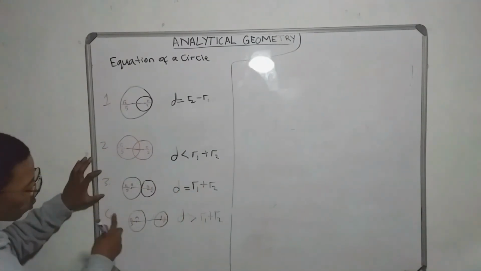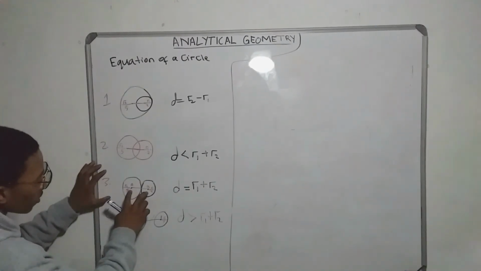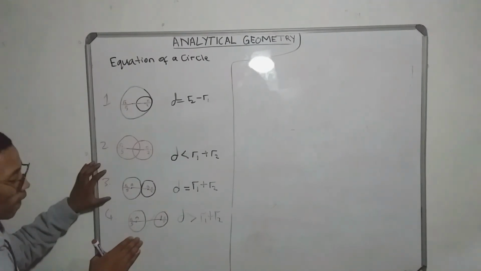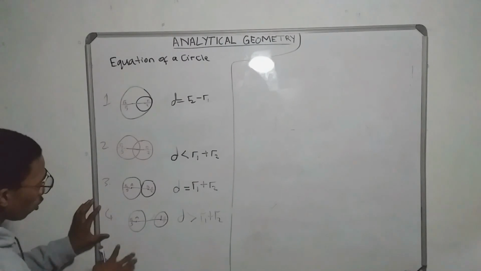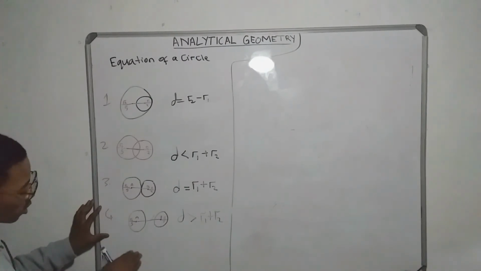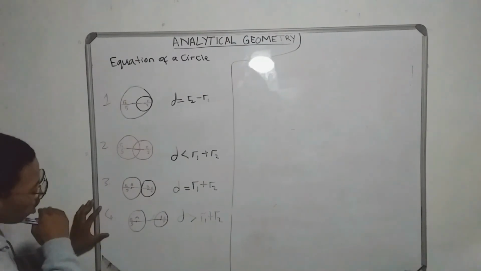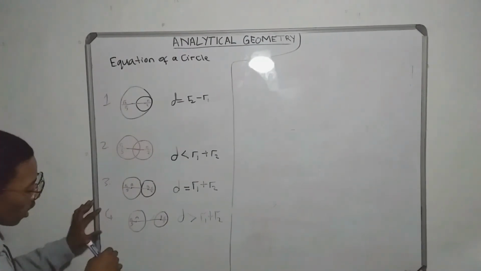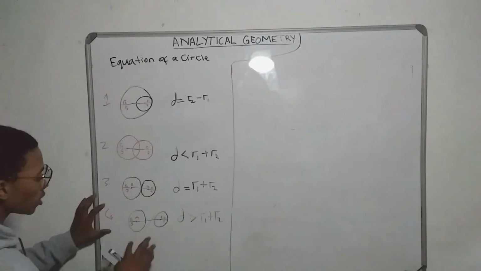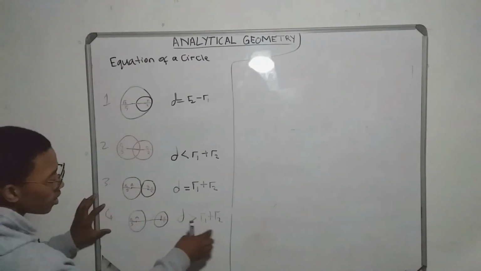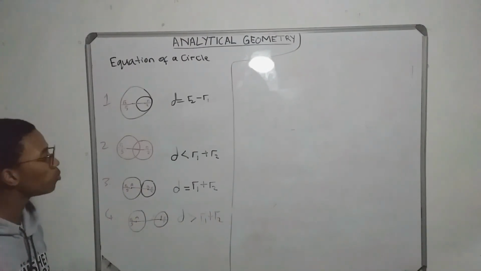But when they touch externally, the distance between their centers is equal to the sum of the radii. But then when the circles don't touch or intersect at all, meaning one circle is a bit further from the other circle, the distance between their centers is greater than the sum of their radii. I hope that is clear.